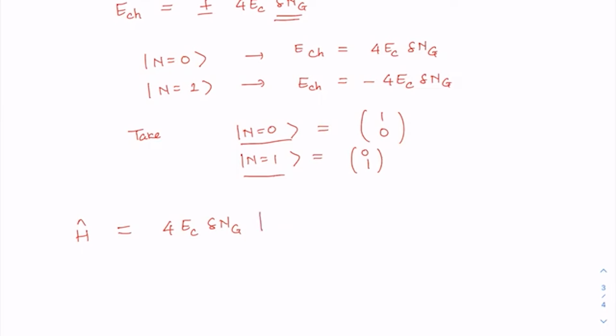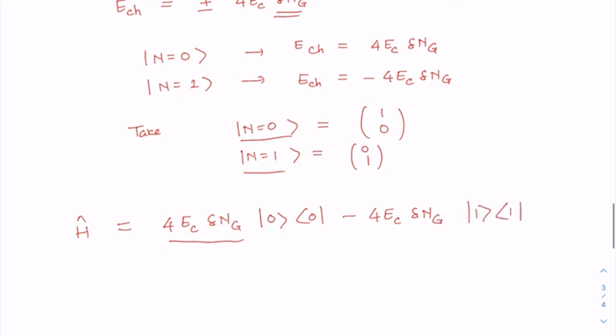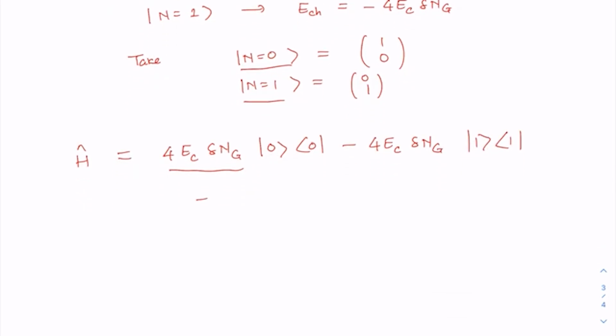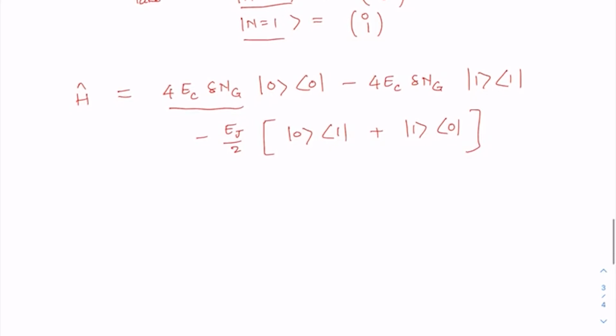This energy corresponds to n is equal to 0, so this term, and 4 EC delta Nz ket 1 bra 1, and the Josephson tunneling part is going to give rise to this term, ket 0 bra 1 and ket 1 bra 0.